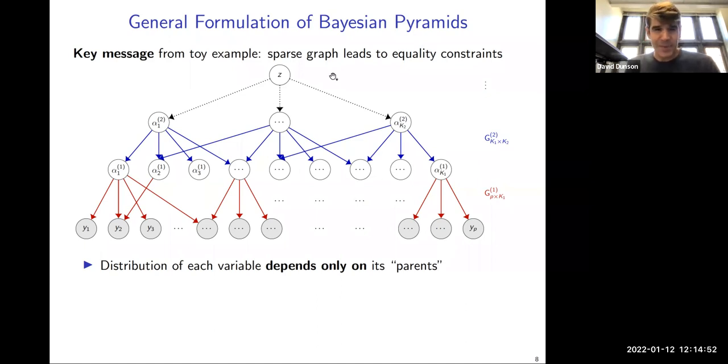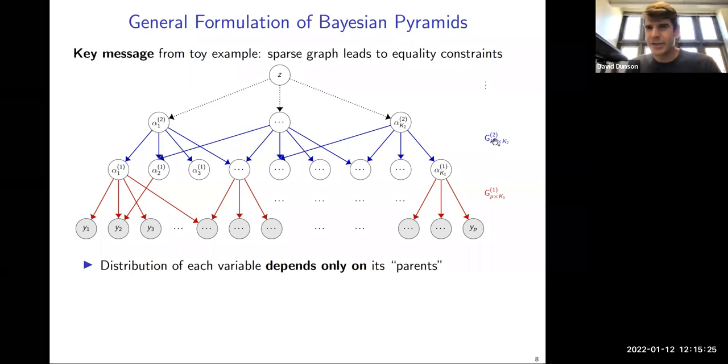Some of the pieces are the Z, which is a categorical latent cluster, you could think, and then the alphas on each layer, which are binary, and the G's. The G's are a sparse graphical connection matrix, describing the relationships between the layers, that is, which variables have edges between them. There's a 1 in the G matrix if there's an edge between two nodes, and a 0 otherwise.